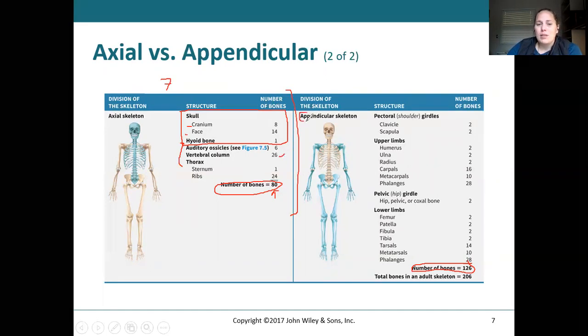If we look at the appendicular skeleton, in comparison, you have your pectoral girdles, your upper limbs, your lower limbs, and then your pelvic girdle. You'll notice here that the big numbers come from your phalanges in both your upper and lower limbs, 28 in each. That's really going to contribute to that number of 126.